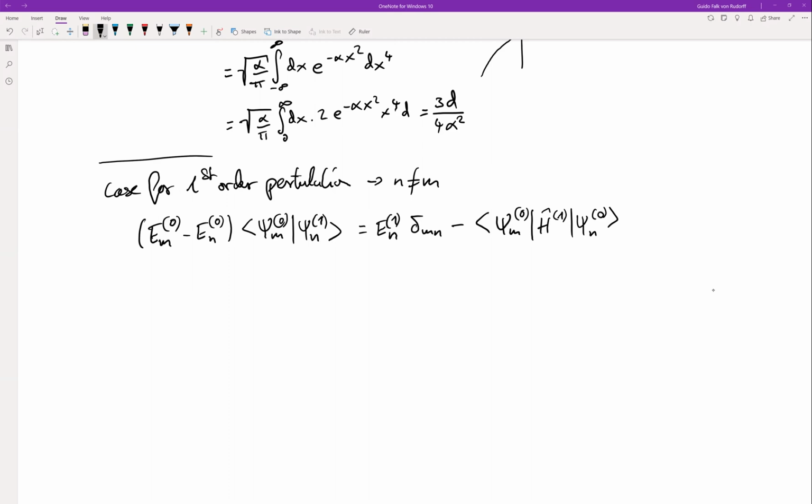Now, we're explicitly looking at the case of n not equal to m. So that means that this term here needs to be 0 because of the Kronecker delta. And we know that this one here has to be not equal to 0 because we mandated implicitly early on that we don't want to have degenerate configurations. So I will write this here, no degeneracy.